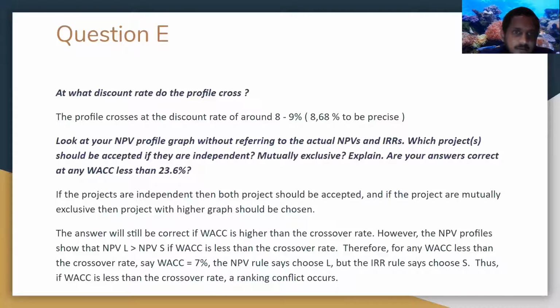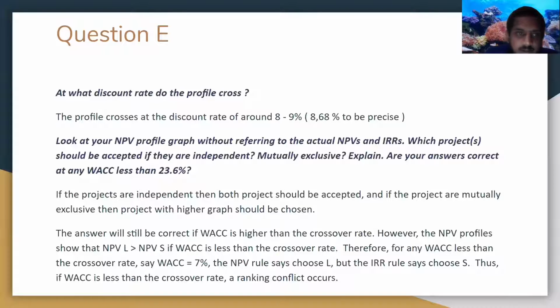Look at your NPV profile graph without referring to the actual NPVs and IRRs. Which project should be accepted if they're independent and mutually exclusive? So if the projects are independent, then both should be accepted because, as you can see from the graph, both are higher than the WACC.